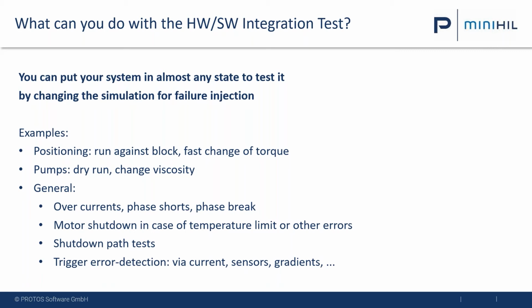An example would be positioning if you run against a block for a reference run, or the change of torque, or the pump, what happens if it runs dry, or the viscosity changes due to temperature changes and things like that, or also things like temperature limit tests, overcurrents, shutdown path tests, and so on and so on. So those are all typical situations you want to test, and that's not the happy path usually.